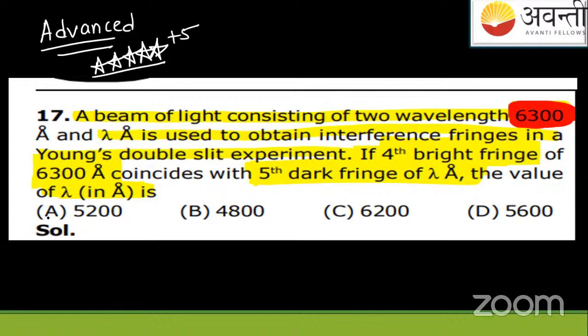See, what was the question? Let us see it carefully. The beam of light consisting of two wavelengths, 6300 Angstrom and lambda Angstrom, is used to obtain interference fringes in Young's double slit experiment. If the fourth bright fringe of 6300 Angstrom, let us write everything.